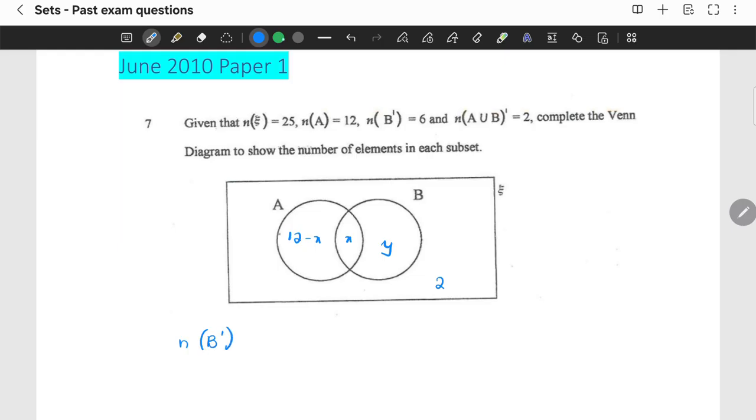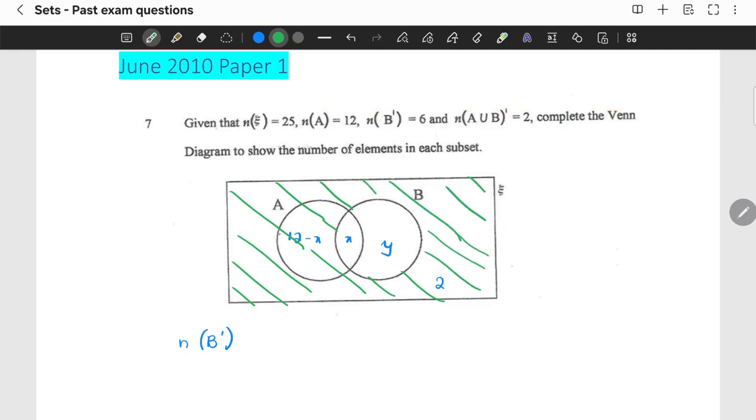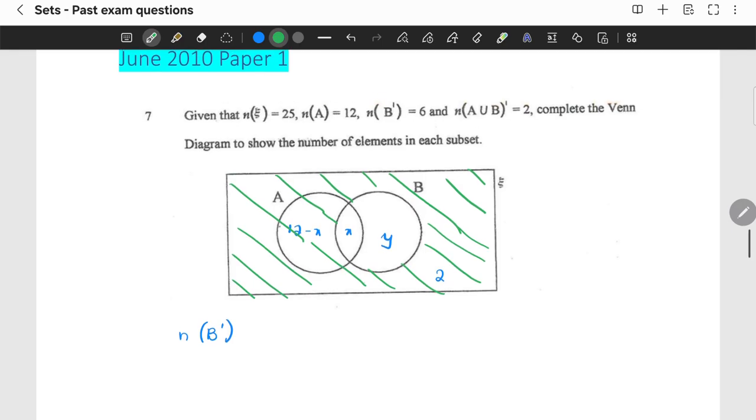So to find B complement, I'll shade it in blue. So B complement is basically this. Right, that is B complement.